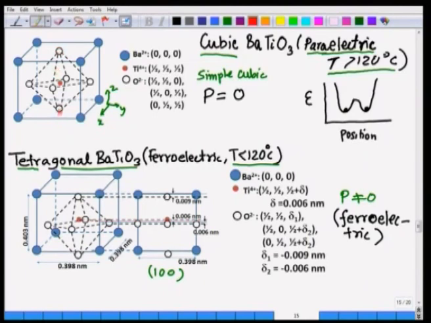Imagine stretching these two atoms farther apart, and as a consequence pulling the 4 oxygen atoms closer. If you do that, what is going to happen? You see, the titanium is nicely sitting in the center. If you want to squeeze these oxygen atoms in, then the only way out is that this titanium atom should pop out of the pocket. Either it can go up or it can go down.